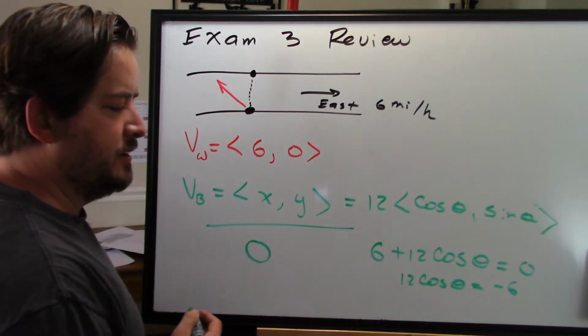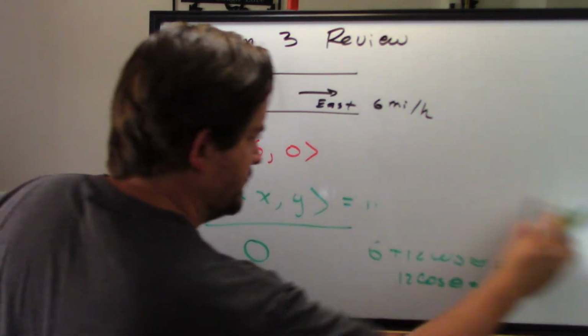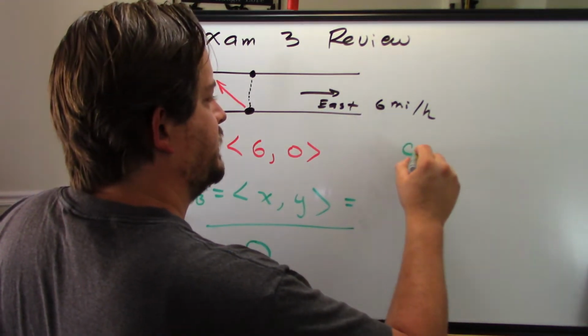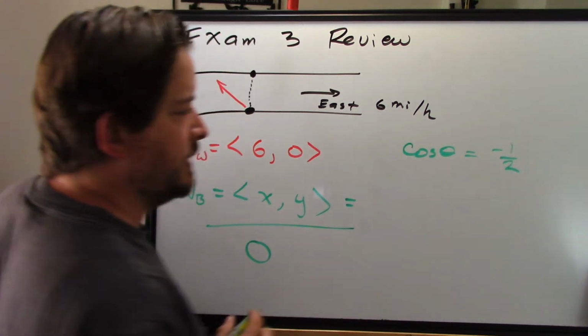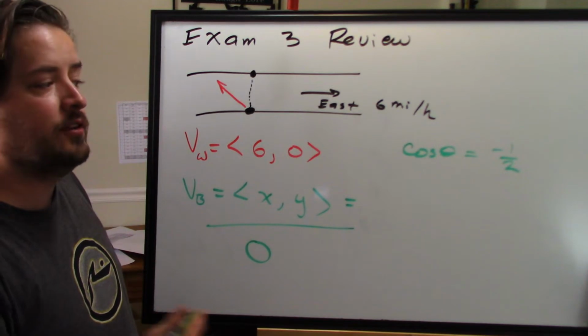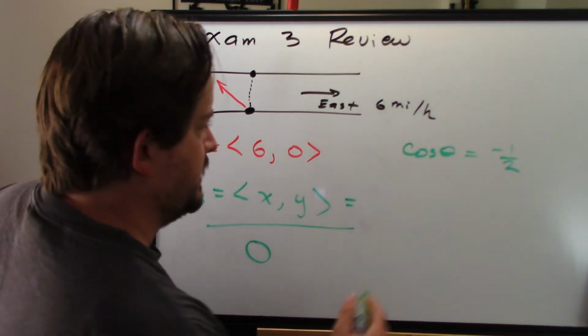Divide each side by 12. I need some space here, so I'm going to erase this. But this boils down to the cosine of theta should be equal to negative 1/2, right? So you should be able to know where that happens. Cosine of theta being negative 1/2 happens at 2 pi thirds.